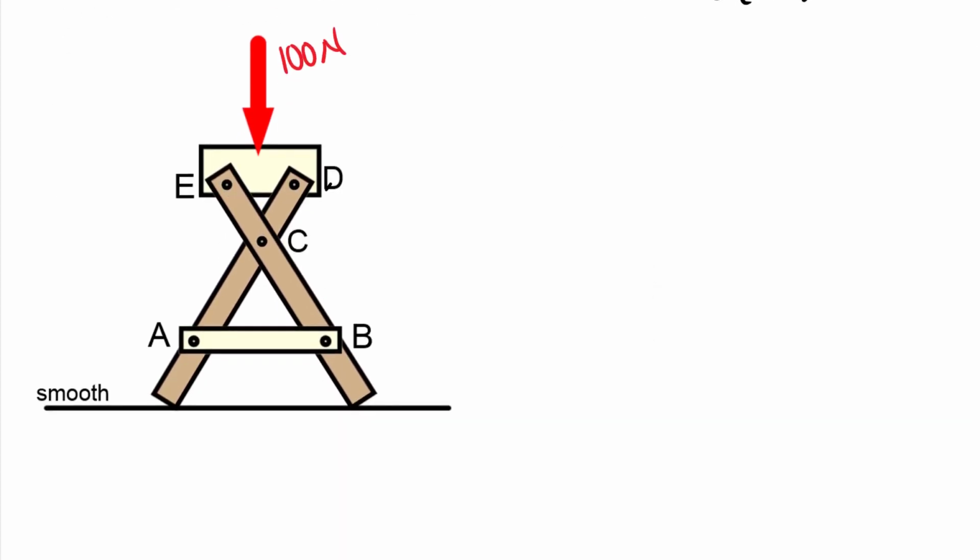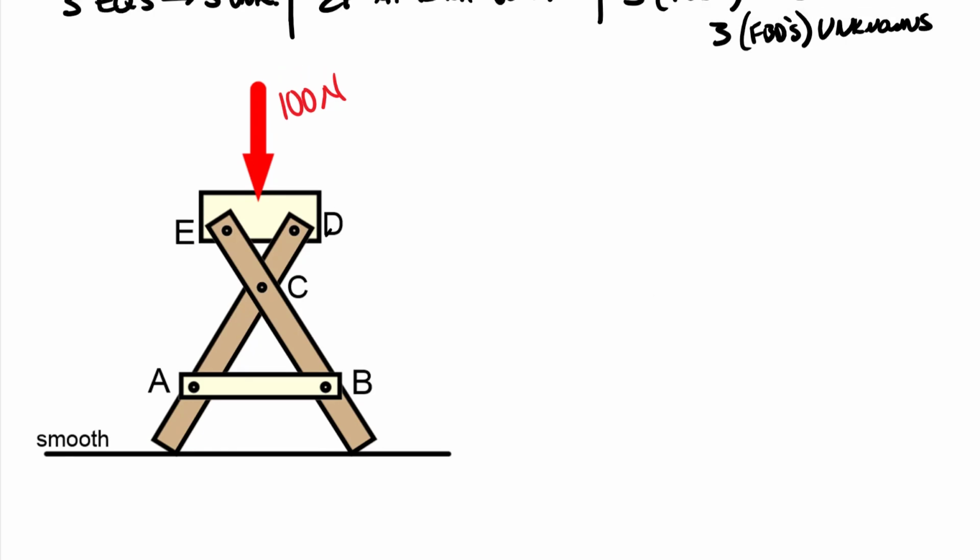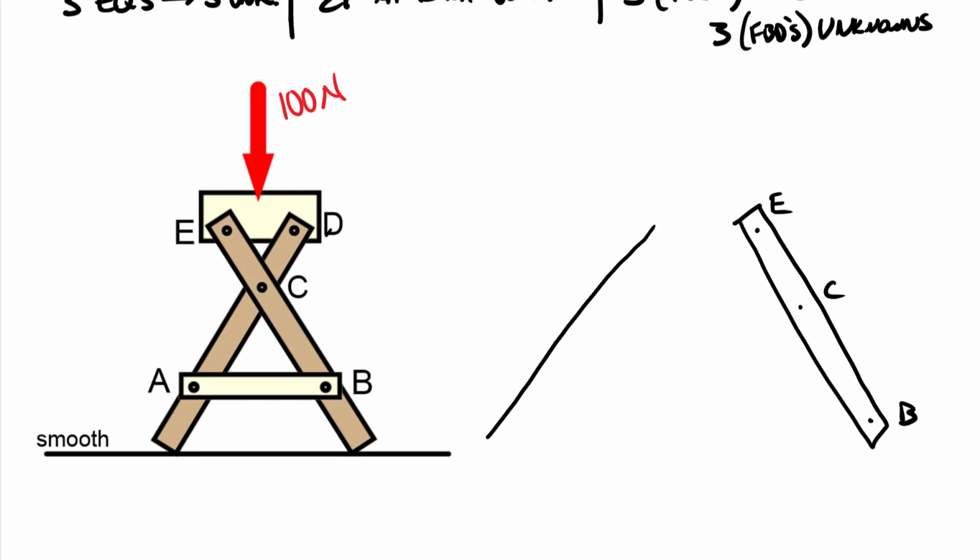So if we have this stool and we want to create a system of free body diagrams, what we'll do is we will isolate each one of these pieces. Okay, this is going to be leg E, C, B. Let's draw over here the other leg.